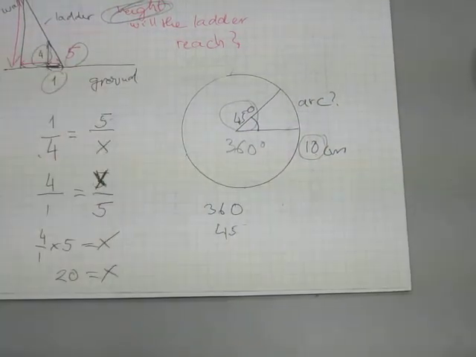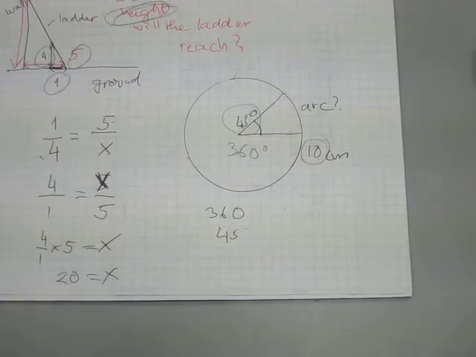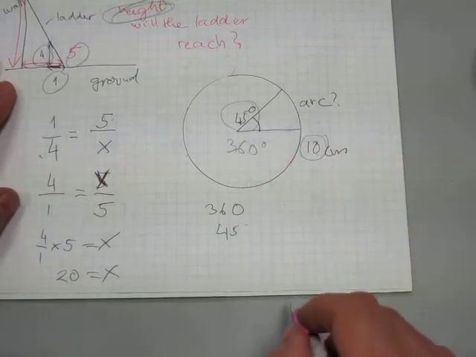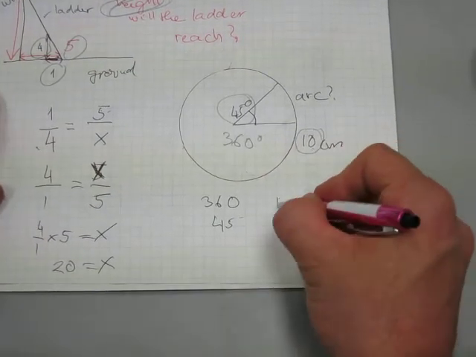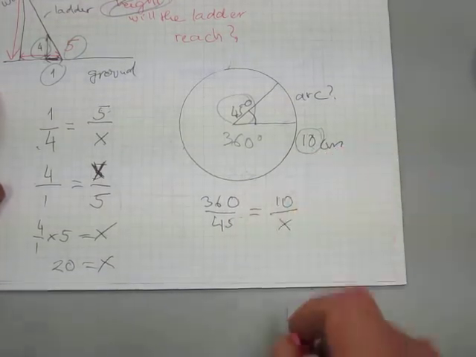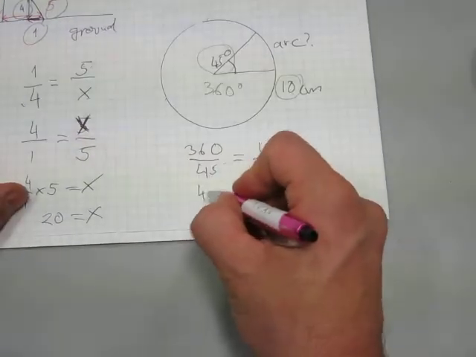And this again is a direct proportion, because the greater the circle, the longer the arc. So the 360 is proportionate to the 45, just as the 10 centimeter is proportionate to the arc length. Oh no, we ended up with an x down here. No problem, we'll flip it again.